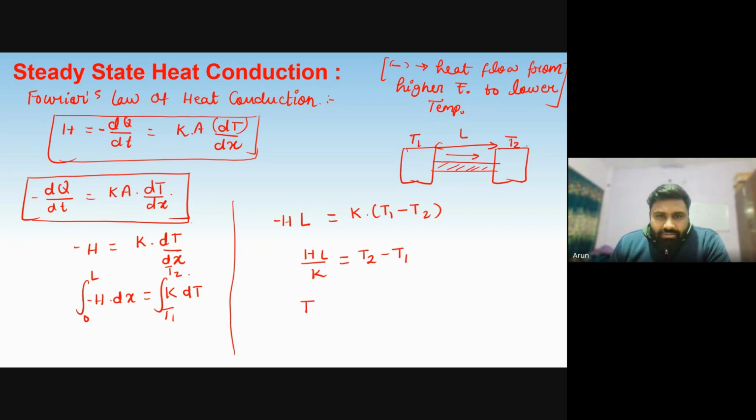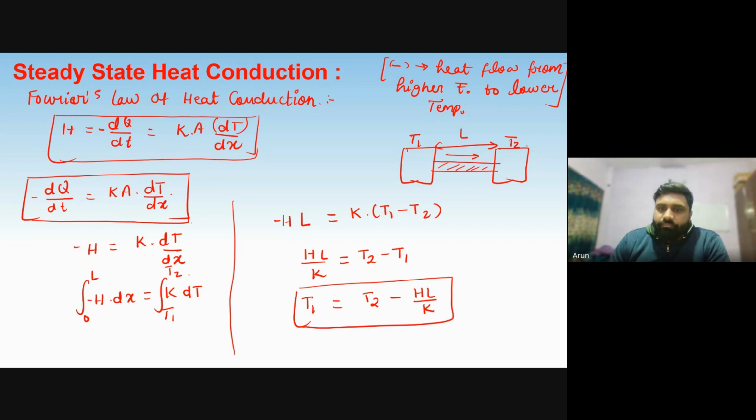So here you can say that T1 is nothing but T2 minus HL over K. Okay.